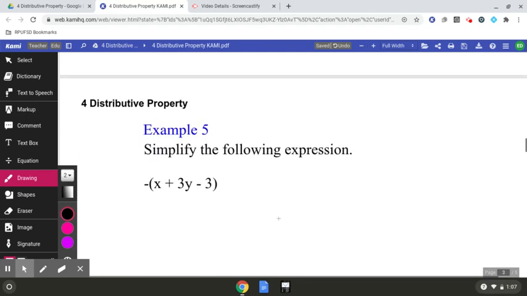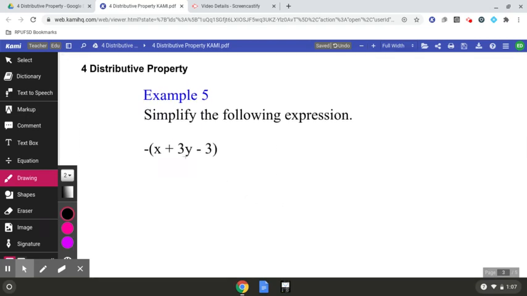Okay, so number 5 is the exact same thing, kind of incorporates examples 3 and 4 now because, again, you have that negative, which again we can imagine as a -1, and it might be a little easier. So you would have x plus 3y minus 3 still. So the only difference is that you are now distributing that -1.